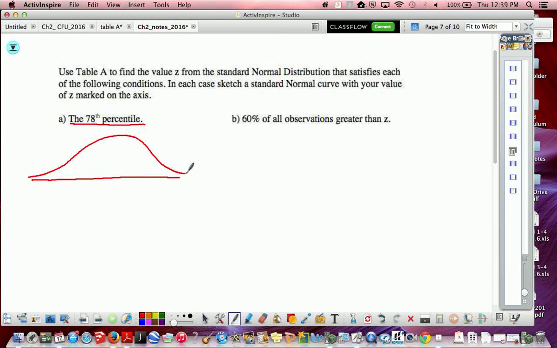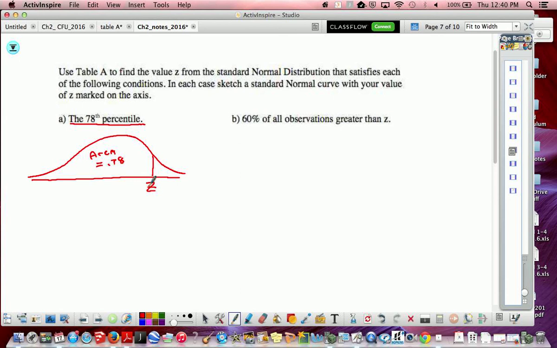So what I'm doing is drawing a picture. 78th percentile. What it's saying is the area under the curve is 0.78. So somewhere out here, so that this area is equal to 0.78. I want to know what z-score corresponds to it.